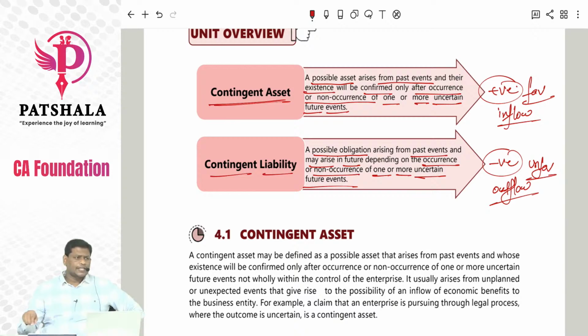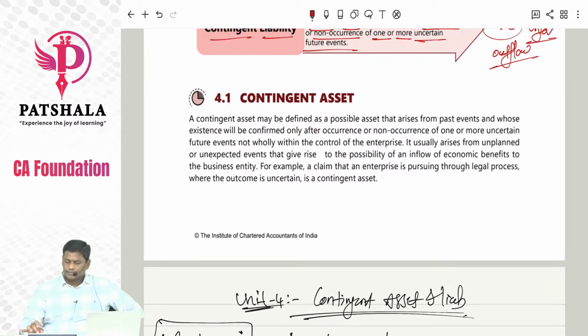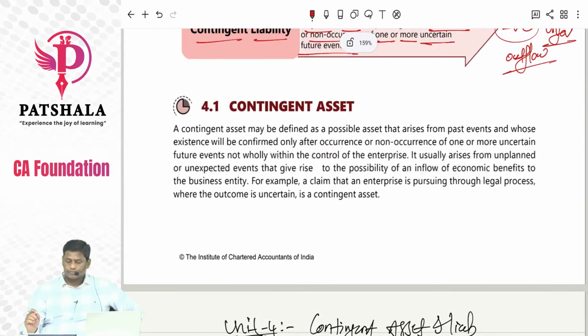Okay, write this, students. Write the first heading, contingent asset. Underline it. Right.